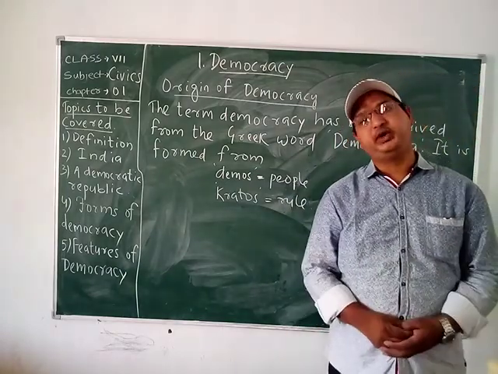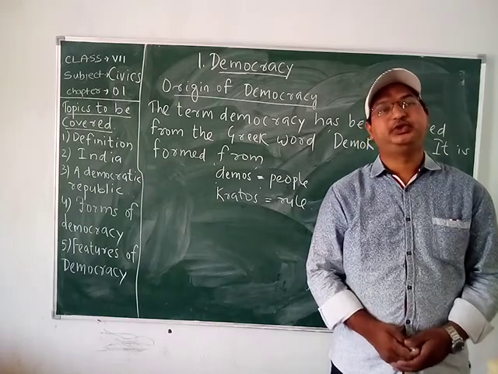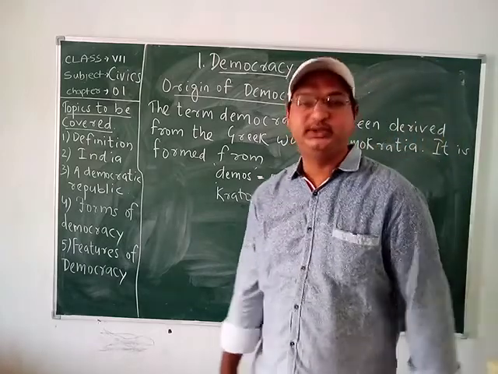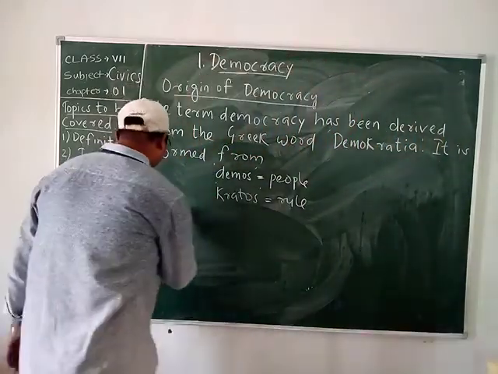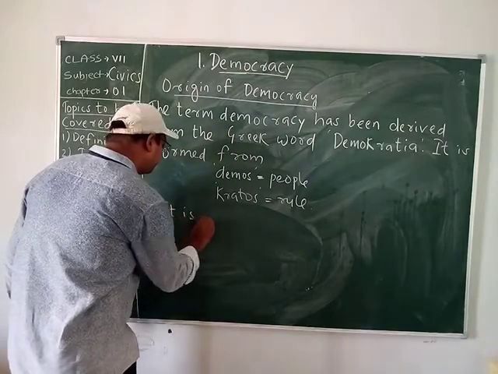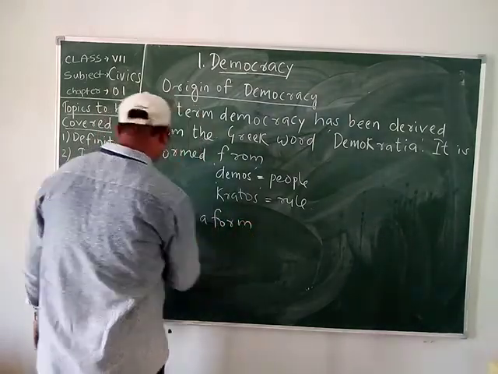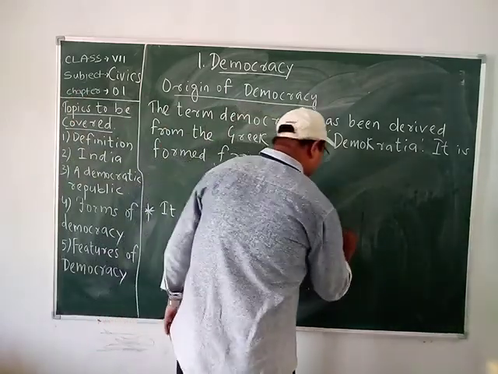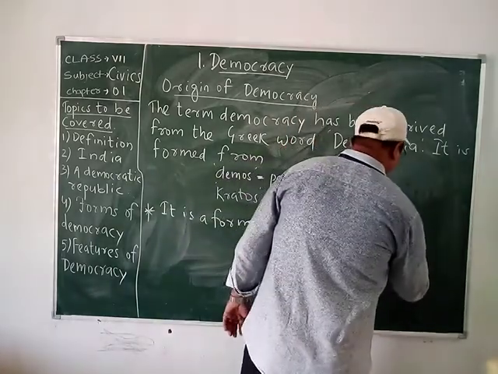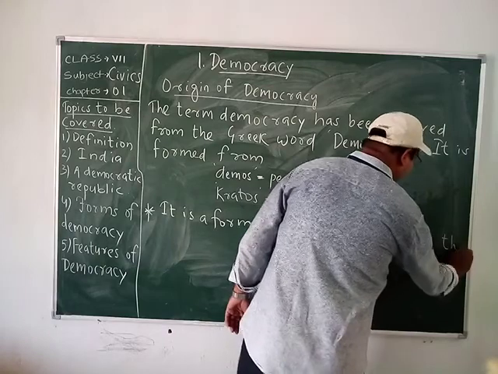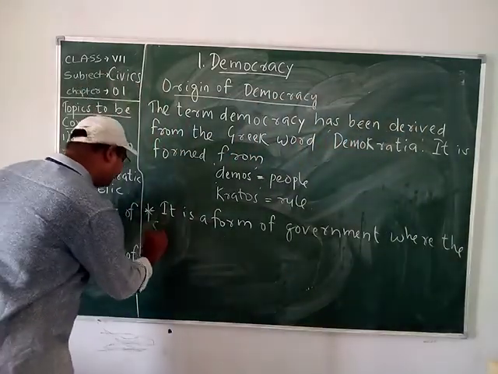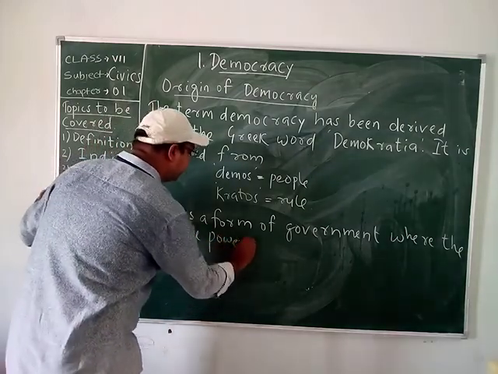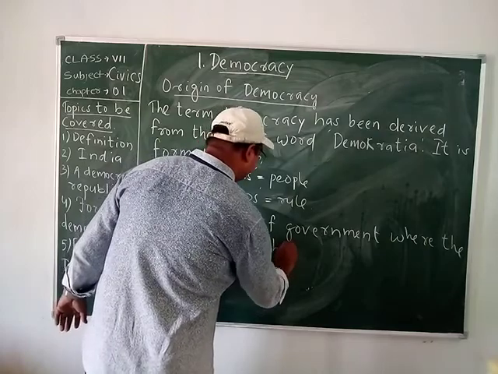Then students, one more definition can be there. Democracy is a form of government in which the supreme power is held completely by the people under a free electoral system. I can write here: it is a form of government where the supreme power is held.